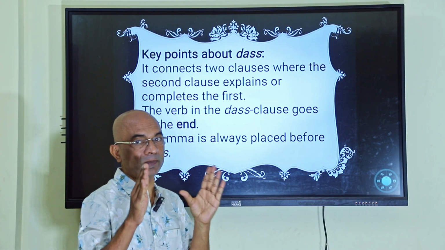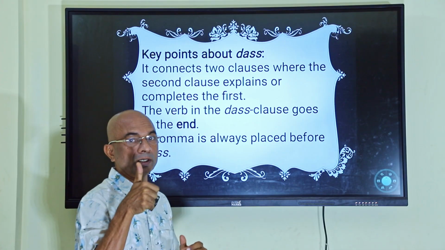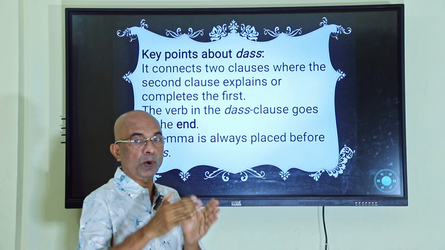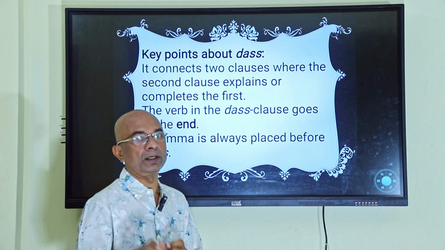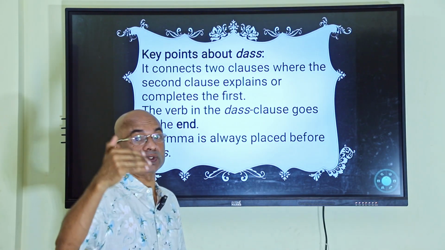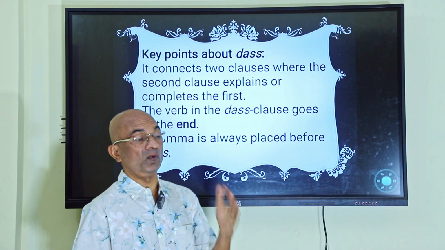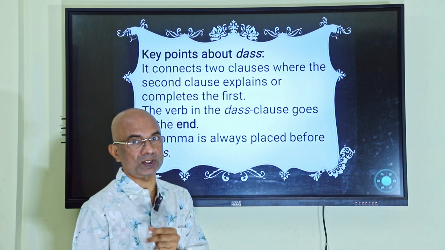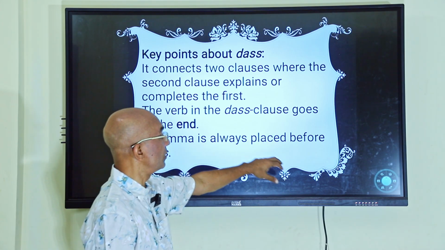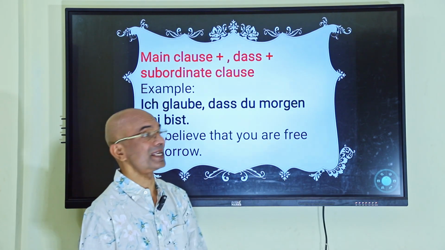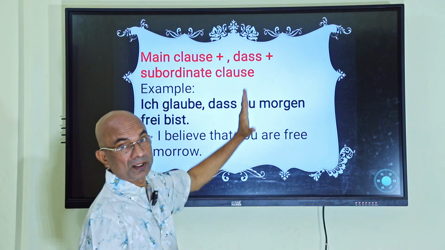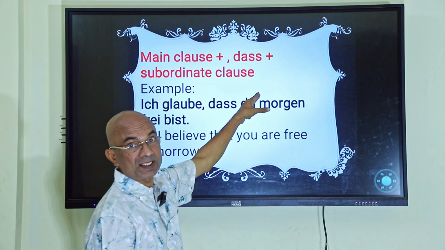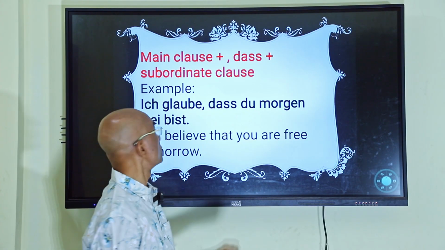So always remember when I taught you the subordinate clause, whenever we have a subordinate clause or Nebensatz, the verb always goes to the end of the sentence. Same way, this is also a subordinate clause, thus clause, and the verb goes to the end of the sentence. So here, the word order: main clause, plus, thus, plus subordinate clause.